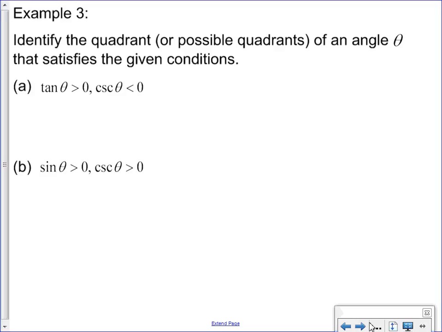In other words, tangent is positive, and cosecant is less than 0, so cosecant is negative. What quadrant is tangent positive and cosecant negative? Quadrant 3. Because 3 is the only one where tangent is positive, everything else is negative. So this clue tells you that you're in quadrant 3.